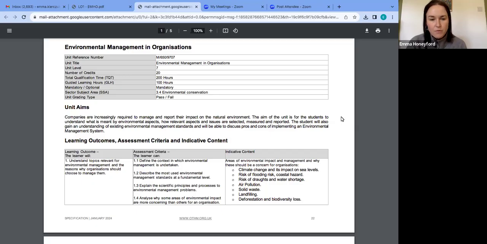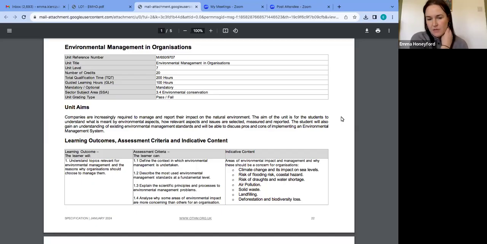And then 1.4, we've got analyse. You need to be able to analyse why some areas of environmental impact are more concerning than others for an organisation. It depends on the geography of an organisation, where they are based in the world, and what their operations look like. Different organisations will have different operating models, and they may impact the environment in completely different ways. So just be aware of that as well.